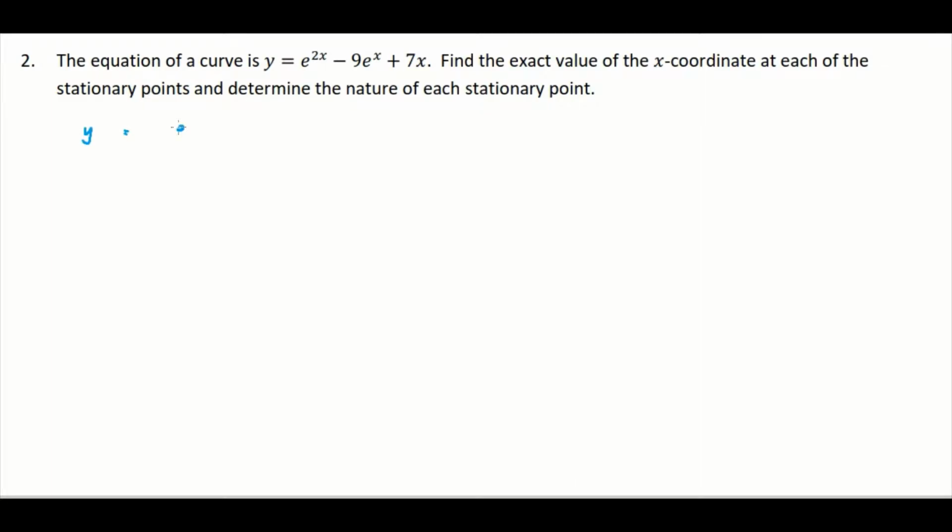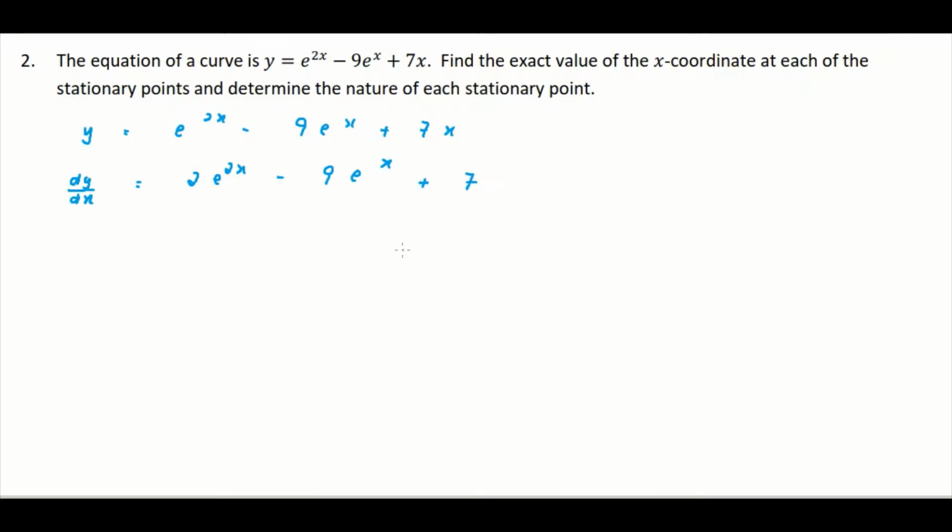So y equals e to the power of 2x minus 9e^x plus 7x. Okay, so dy/dx will give me 2e^2x, sorry, 2e^2x, and then minus 9e^x and then plus 7.